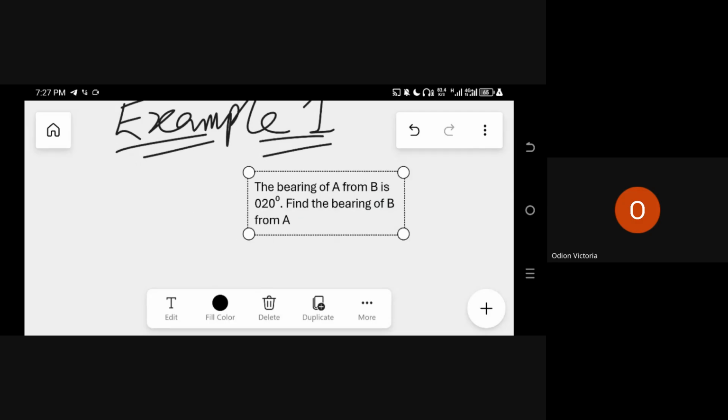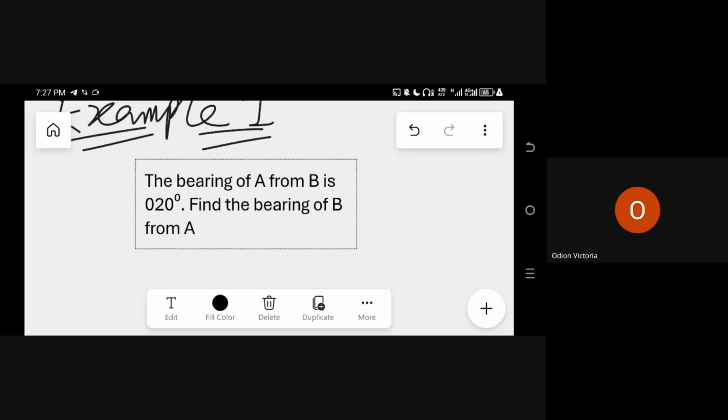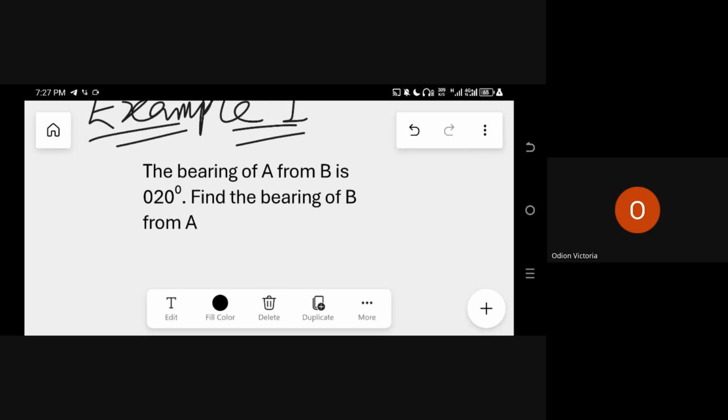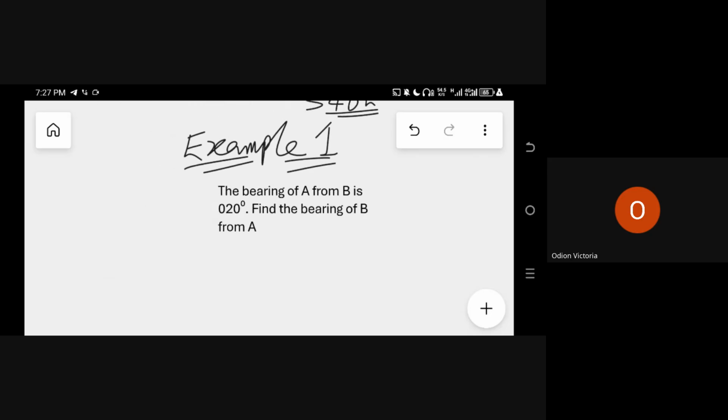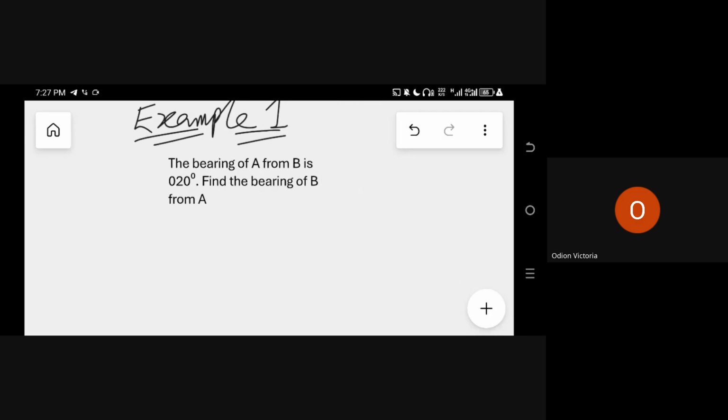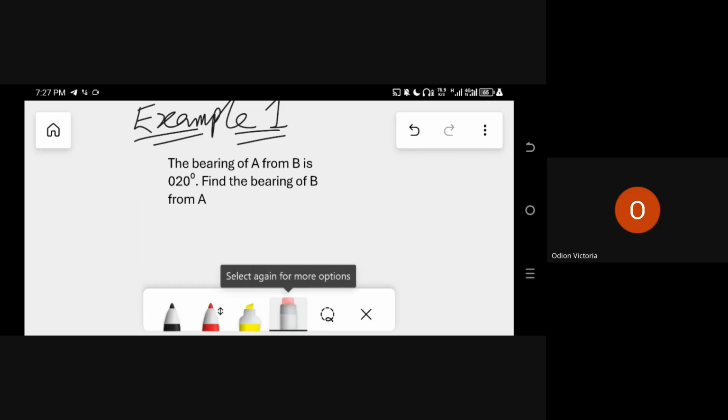Alright, so this is the first question we are looking at. Remember, we're looking at bearing between 2 points. The first question says that the bearing of A from B is 20 degrees.